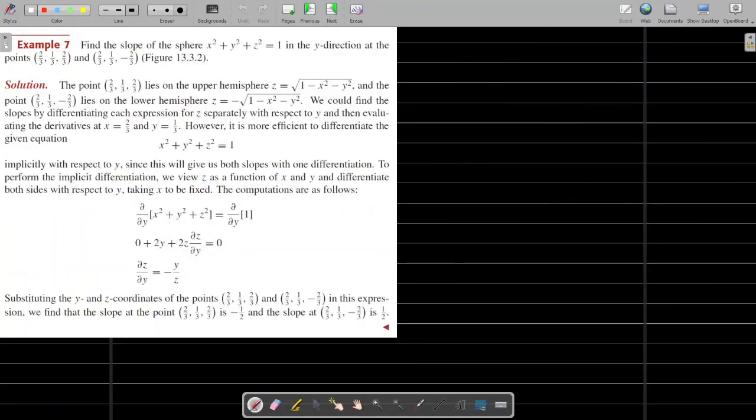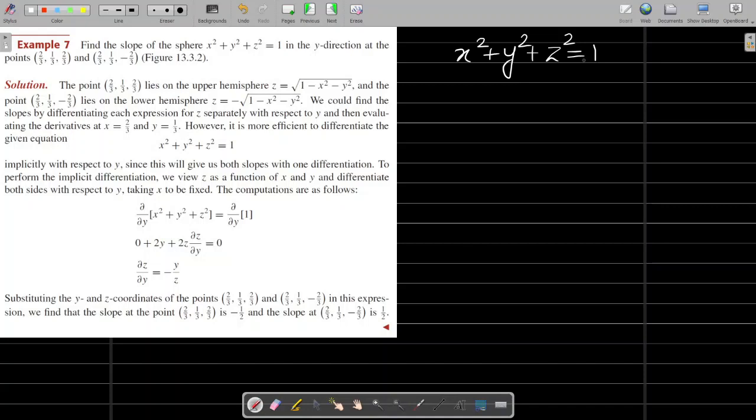Now we will look at implicit differentiation. When we are given functions like this, say for example x square plus y square plus z square equal to 1, there are two ways in which you can partially differentiate this function.